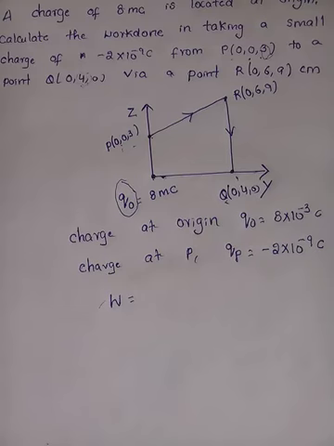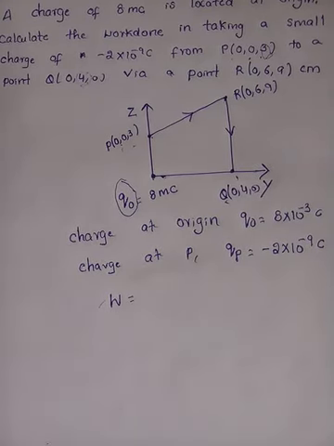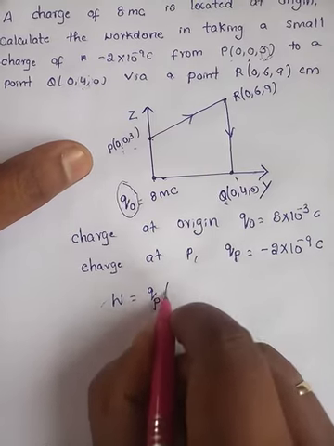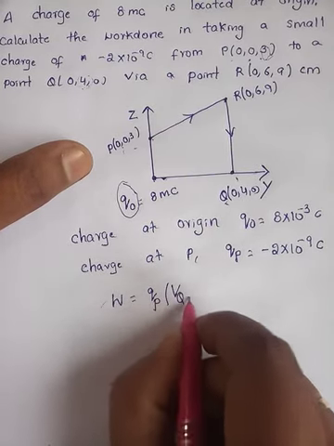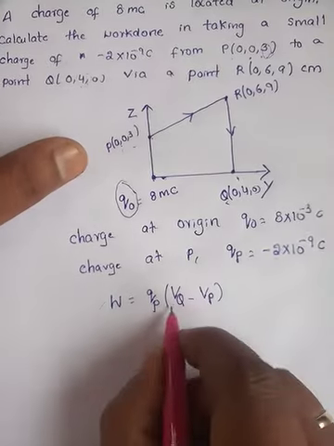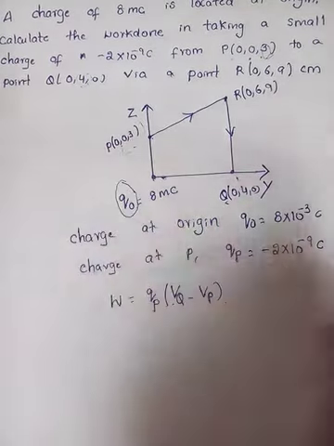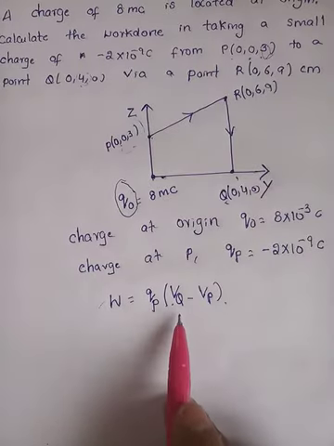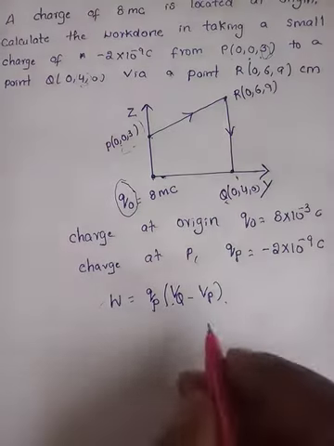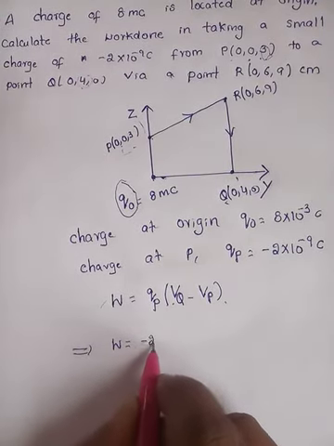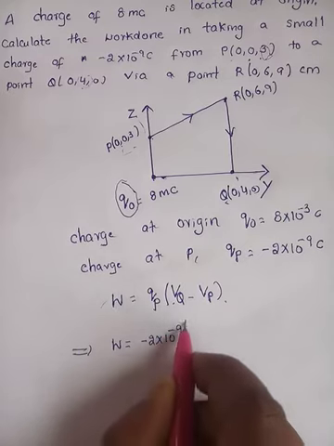We are doing work to move a charge from one point to another point, so we can consider that as the potential difference. W is equal to QP into (VQ minus VP), where VQ is the final potential. Here QP is minus 2 into 10 raised to minus 9.